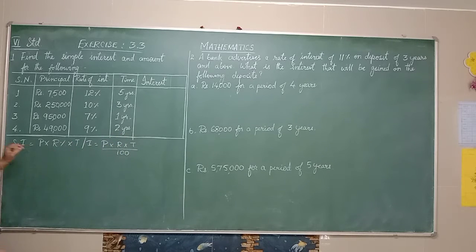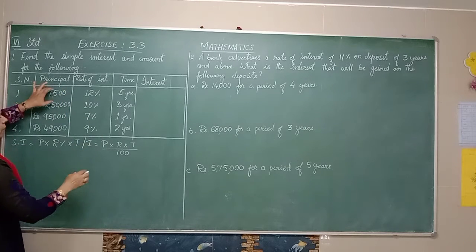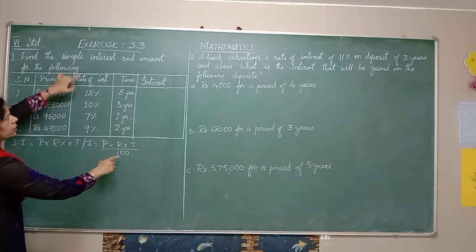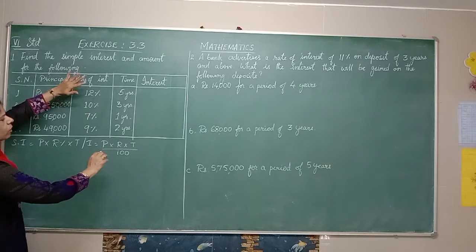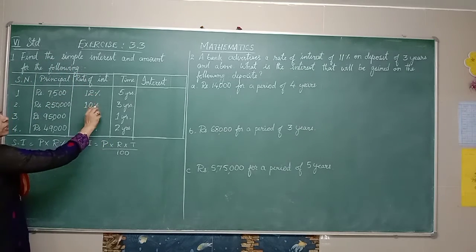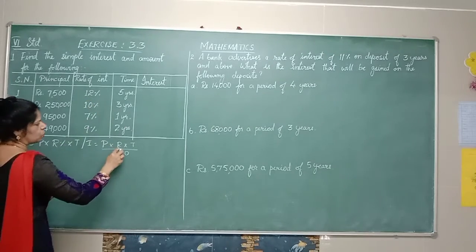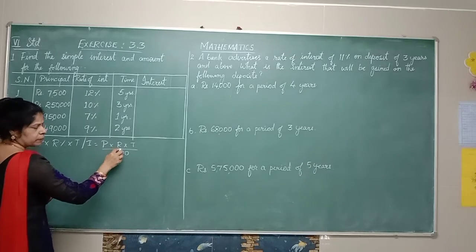Interest is I. P is principal. Principal means the total investment here. R is the rate of interest. There is an organization which is going to give at the rate of 12%. So the rate here is 12%, 10%; all these are rates of interest.